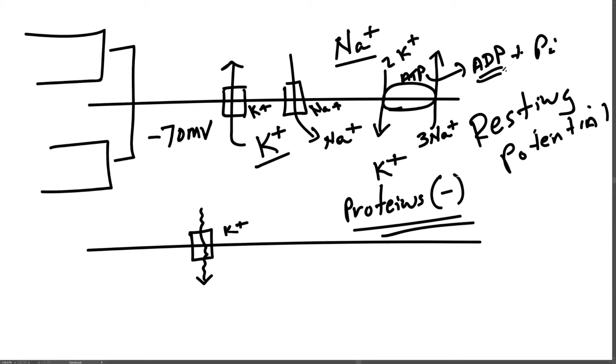So it uses the energy in breaking that bond to move the pump and pump 3 sodium ions out and 2 potassium ions into the cell.